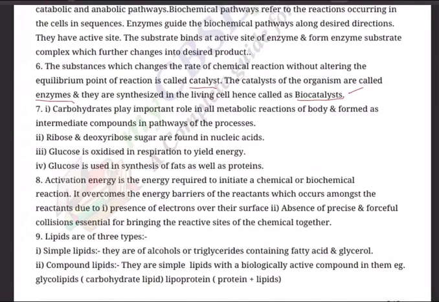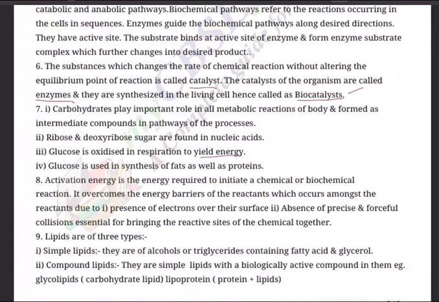Question 7. Carbohydrates play an important role in all metabolic reactions of the body and are formed as intermediate compounds in the pathways of the processes. 2. Ribose and deoxyribose sugars are found in RNA and DNA.